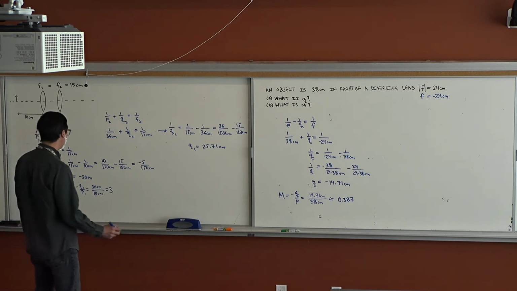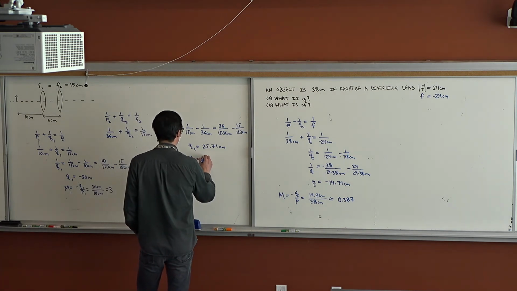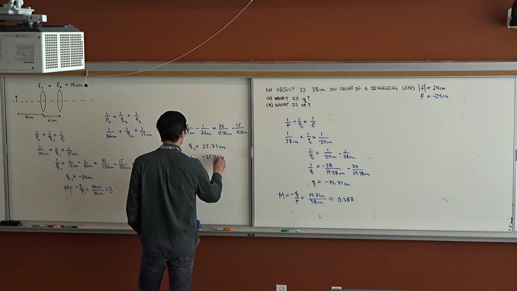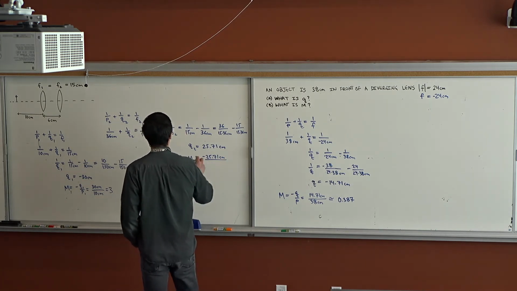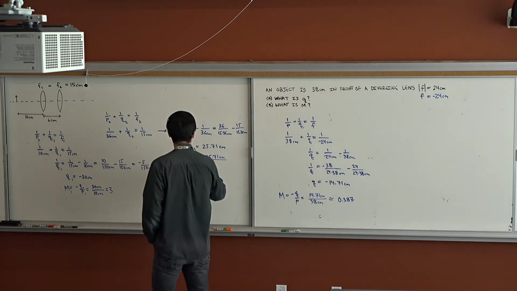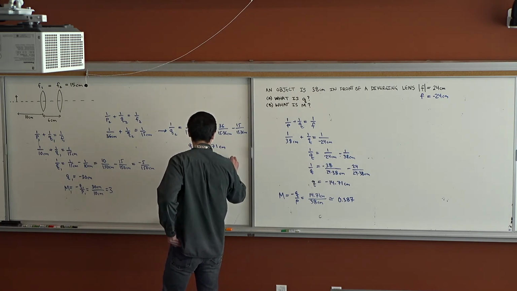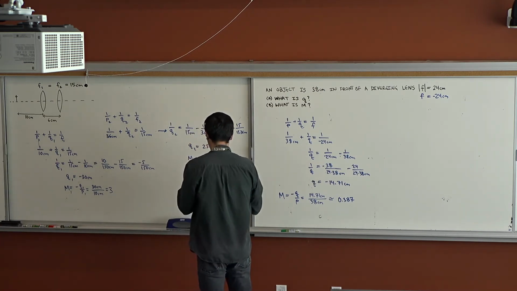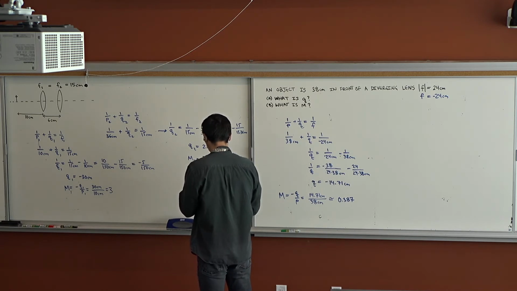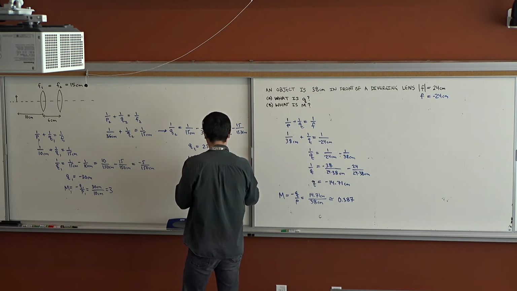The magnification for the second one is going to be minus 25.71 centimeters over our object distance, which was 36 centimeters, is minus 0.7143.